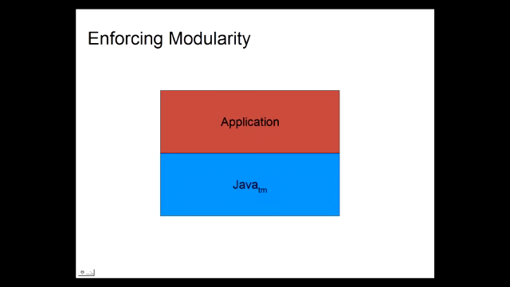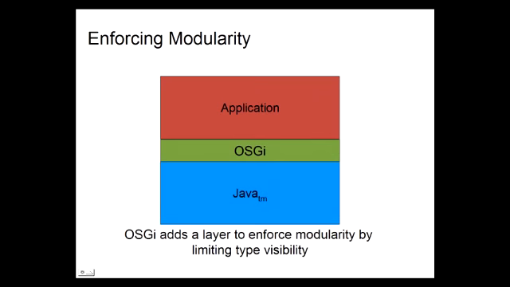And at the core, this is what OSGi is solving and providing a modularity layer. So what OSGi really does is it adds a layer between your application and the VM in order to enforce modularity by limiting type visibility between the different modules that make up your application.